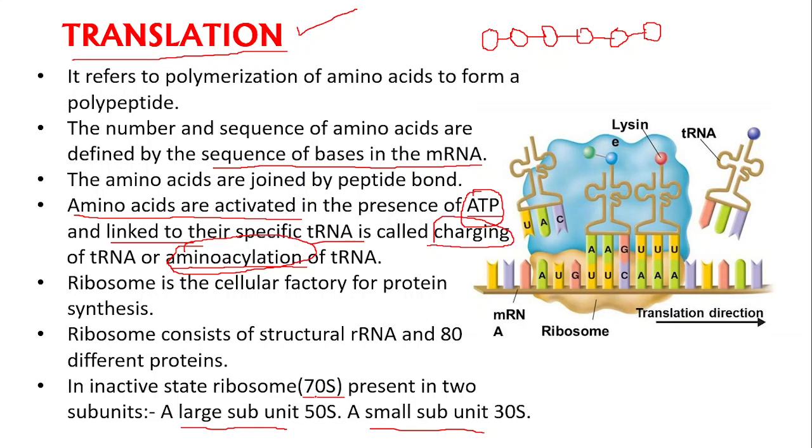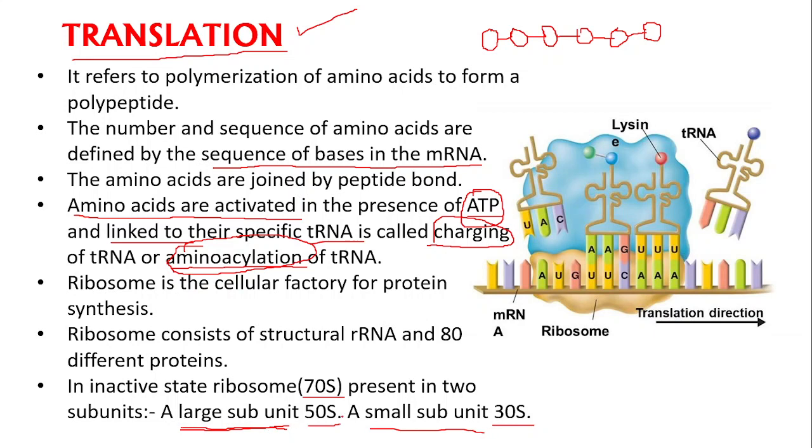Here we have mentioned that the ribosomes are of 70S. This 70S ribosome is formed by the union of the larger subunit, which is 50S, and the smaller subunit, which is 30S. Here you should not add 50 plus 30, because they are not elements to add; they are the particular weightage of the ribosomes.